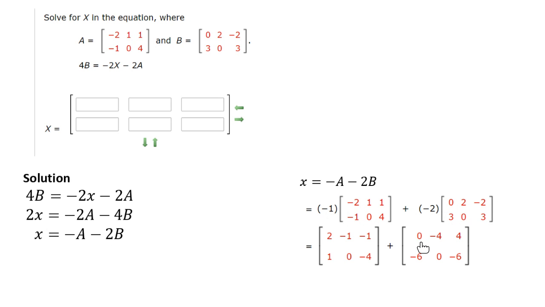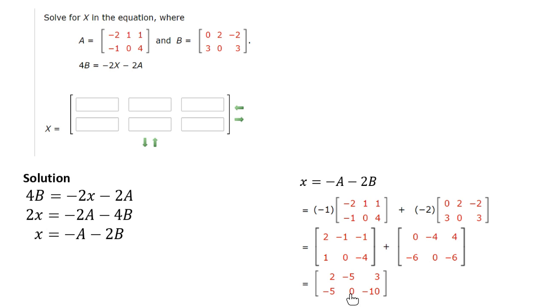And so now we're at this point, right? I'm going to add 2 plus 0, -1, -4, and so on. Okay, so my answer would be here. So if you work with the actual equation first and then substitute your matrices at the end, it will be a little bit clearer.